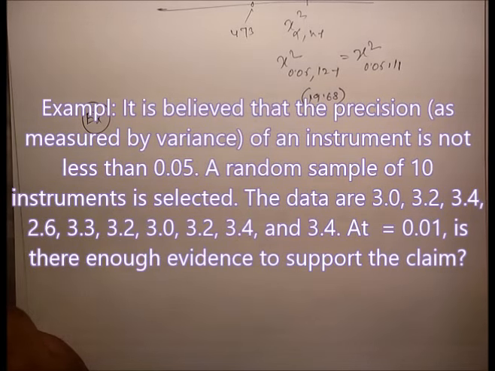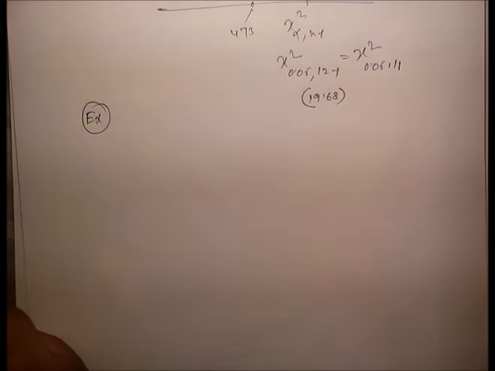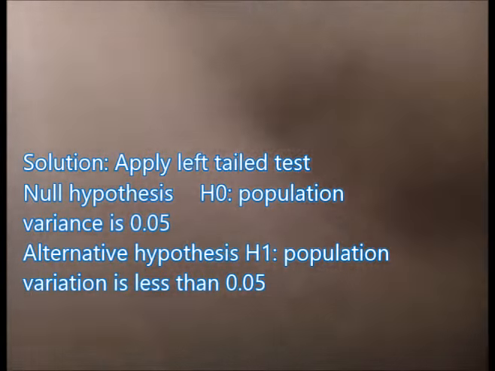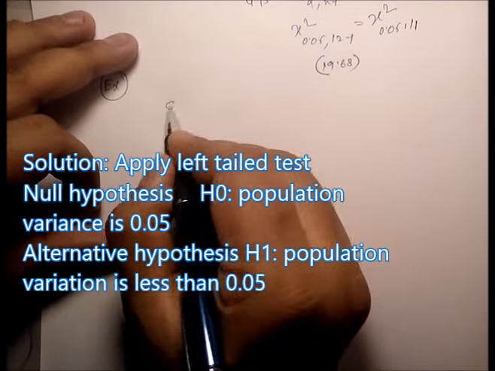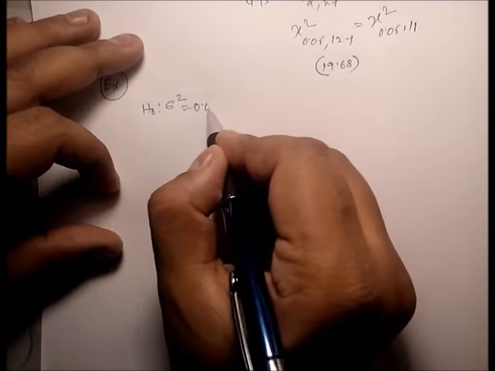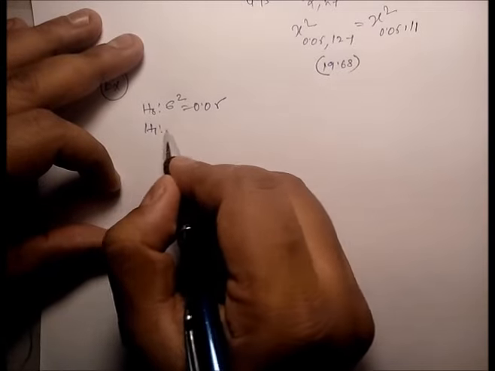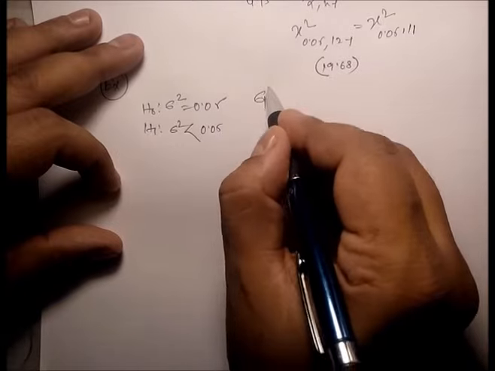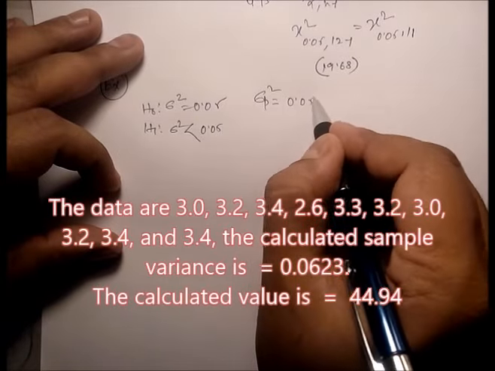At alpha equal to 0.01, is there enough evidence to support the claim? Now here we have to apply a left tail test. So the null hypothesis is sigma squared equal to 0.05, and the alternative is sigma squared less than 0.05. So we assume sigma squared is 0.05.